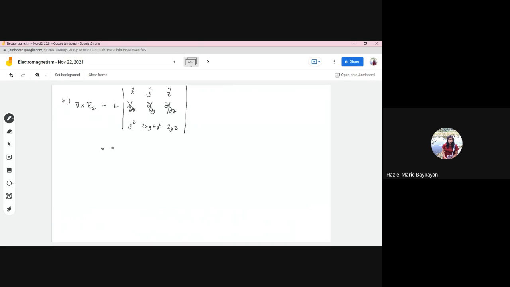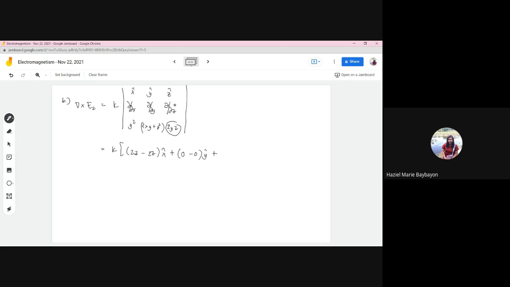Okay, so the x component is, differentiating this with respect to y, 2z, minus differentiating this with respect to z, 2z. The y component: differentiating this with respect to z is 0, and differentiating this with respect to x is 0, so the y component is 0.